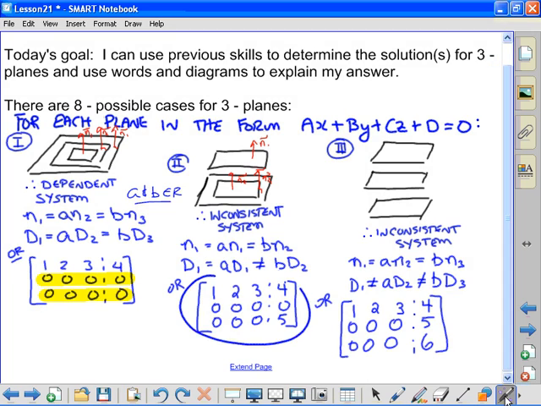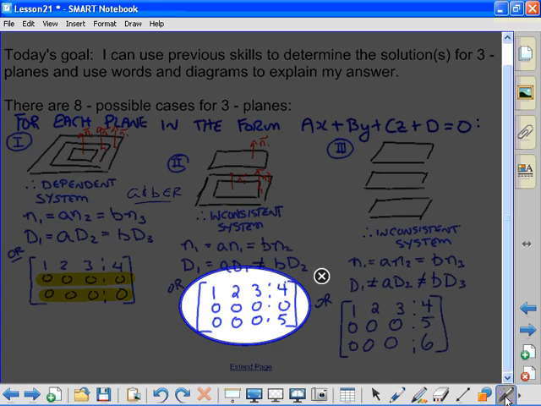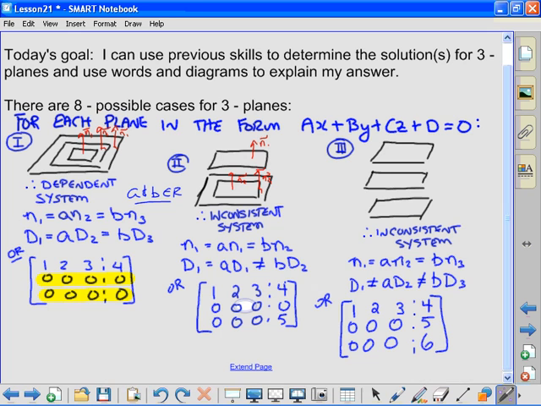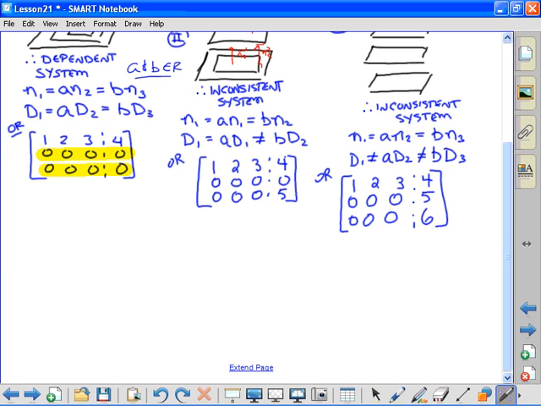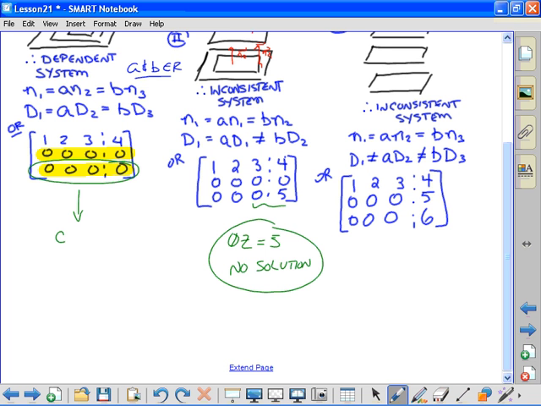When you look at the matrix, you get a row of zeros, which tells you that two planes are coplanar or coincident. That third one, we have 0 equals 5. That tells you that 0z has to equal 5, and there's no solution. It's not possible. So that is your third plane that's been lifted off, or is running parallel to the other two. When you see all zeros, that means it is coincident.